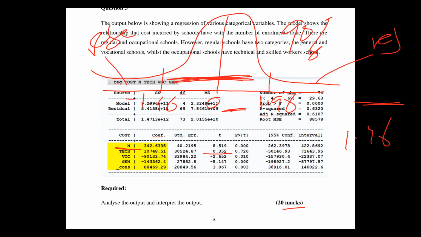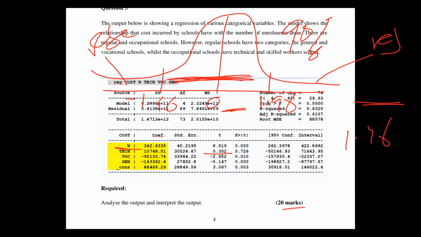Yes, fail to reject the null hypothesis. Now, when you fail to reject the null hypothesis, what does the null hypothesis say? It says that enrollments in technical schools have no impact on the total cost. So if you fail to reject the null, it means you are agreeing that enrollments in the technical schools have no impact on the total costs.